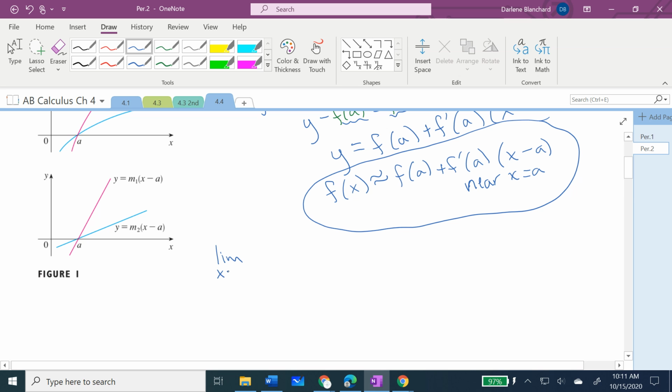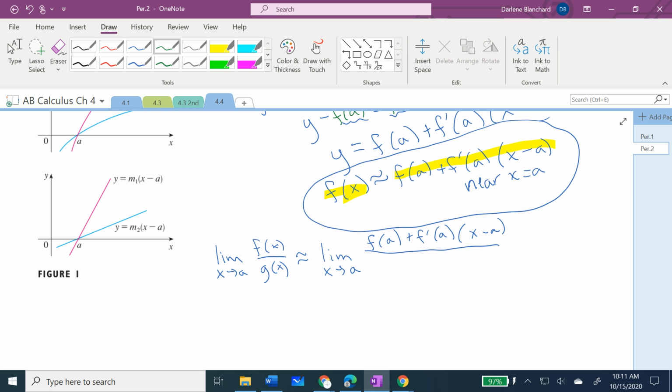The limit as x approaches a of f of x divided by g of x is approximately the limit as x approaches a of, now, f of x's approximation is this whole piece right here: f of a plus f prime of a times x minus a.